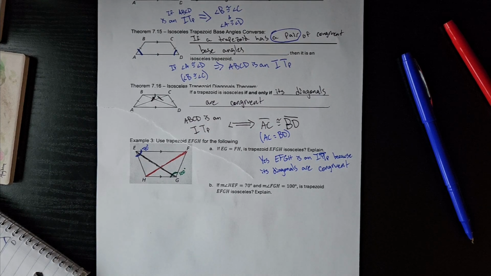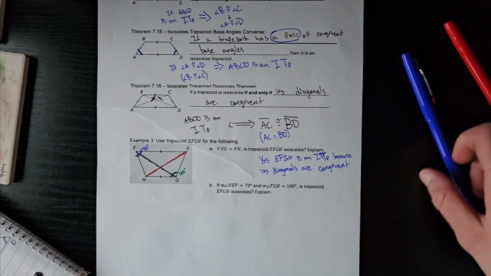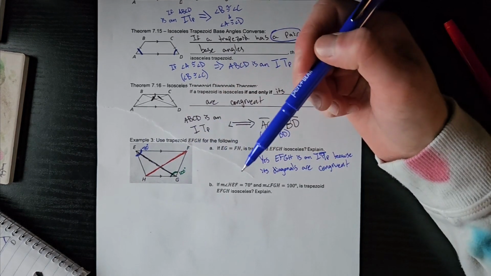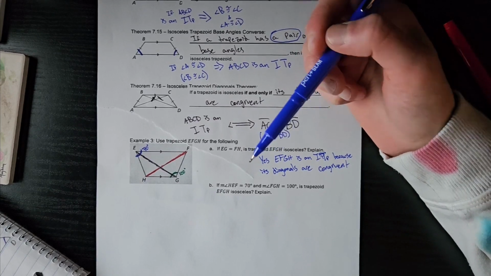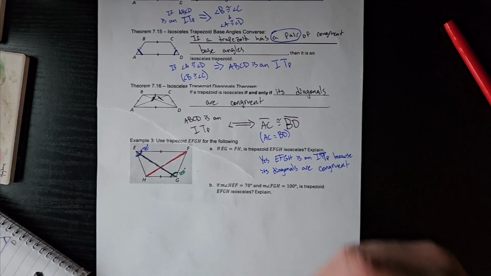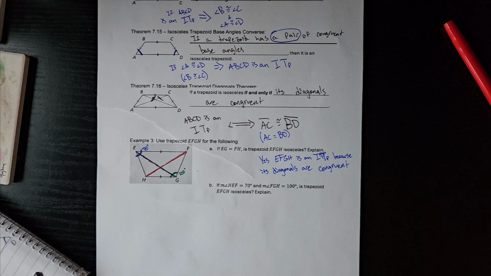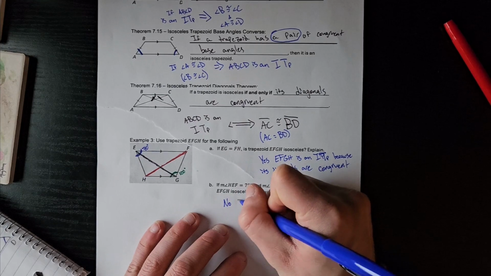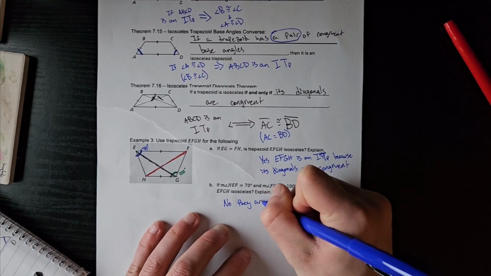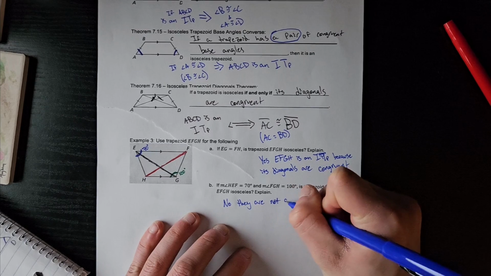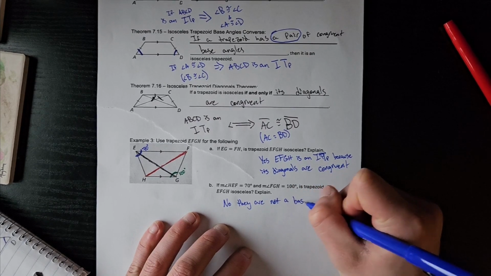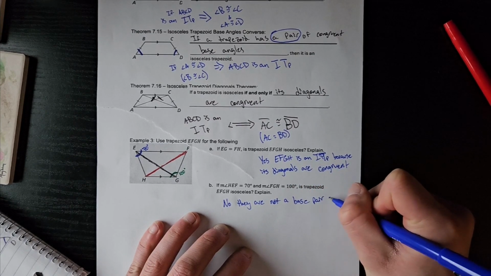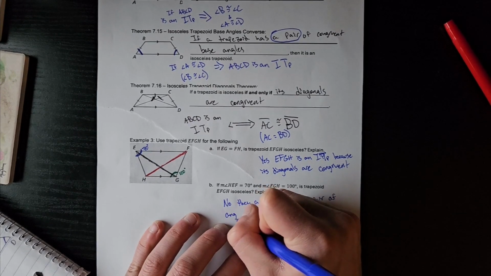No, it is not isosceles. Because these angles are not a base pair. They are across from each other. They're not base angles. They don't form a pair together. So no. They are not a base pair of angles.